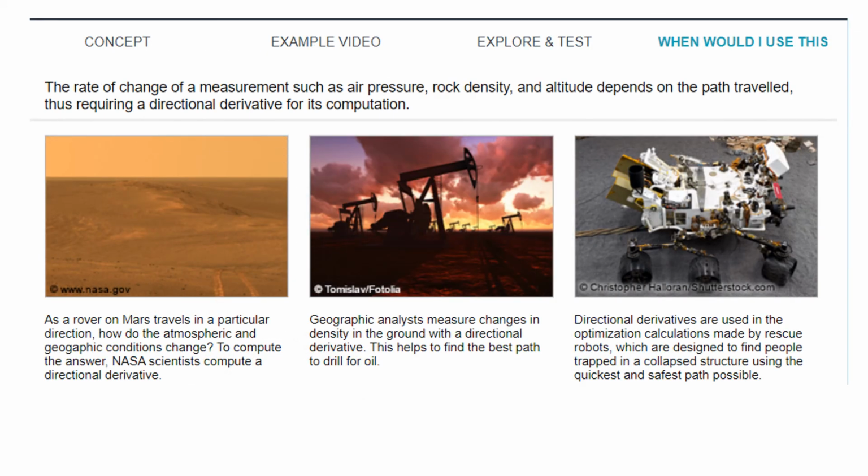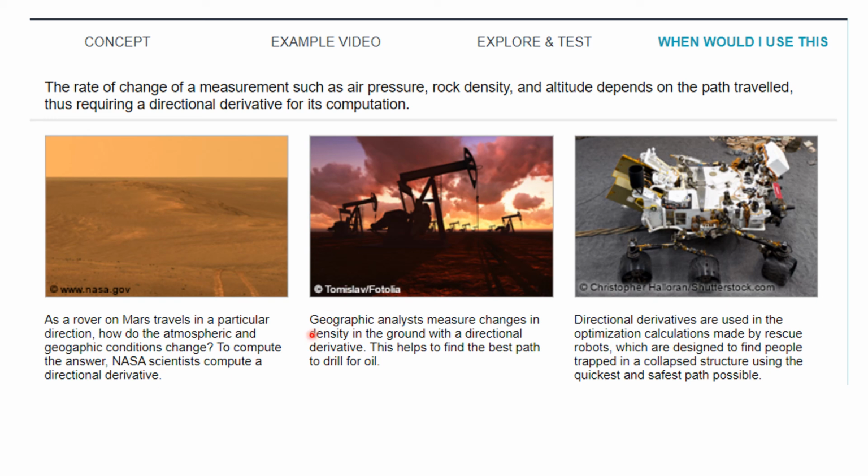Now, what would be examples where you use this? You're interested in the rate of change of a measurement, such as air pressure, rock density, and altitude. It depends on the path that you travel, and thus we need a directional derivative for its computation. So, as a rover on Mars, this is very timely right now, travels in a particular direction, how do the atmospheric and geographic conditions change? To compute the answer, they compute a directional derivative.